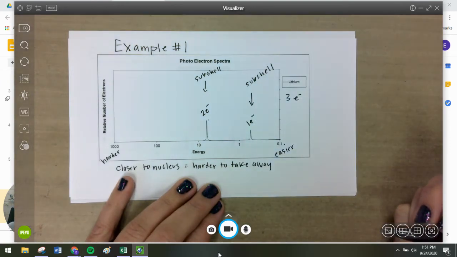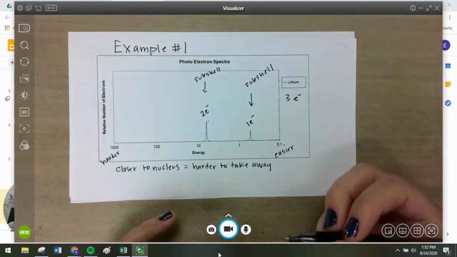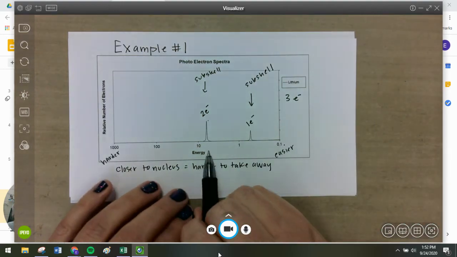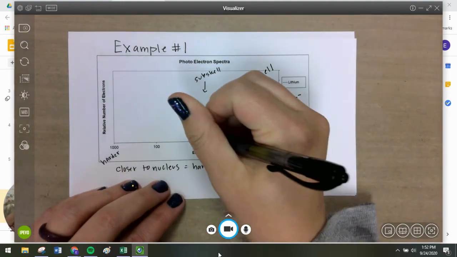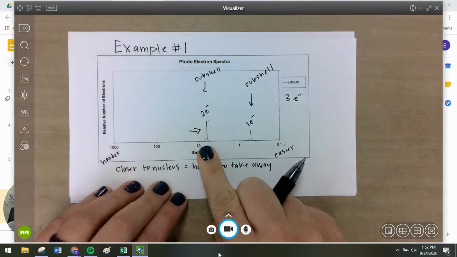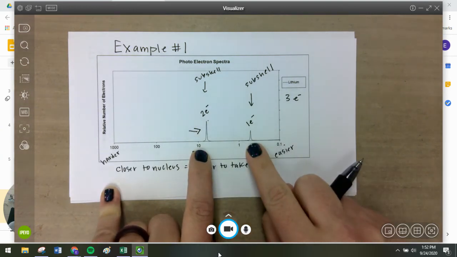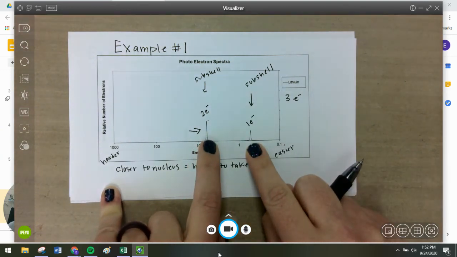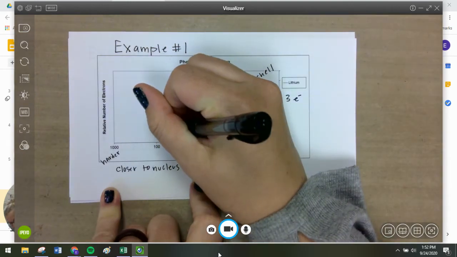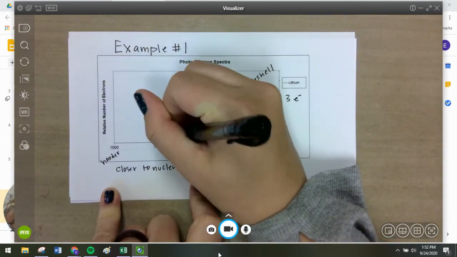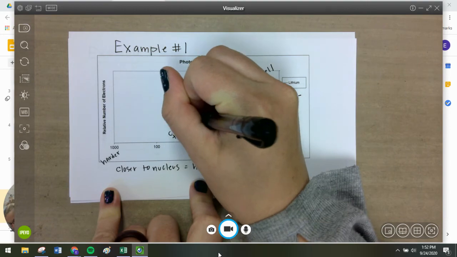Hopefully that makes sense to you, but we're going to go through a bunch more examples to make sure things are really solid. The other thing I want you to know is that the peak on the left here has the highest energy because it's close to 10, and this is less than 1. So this first peak is the electron subshell closest to the nucleus.